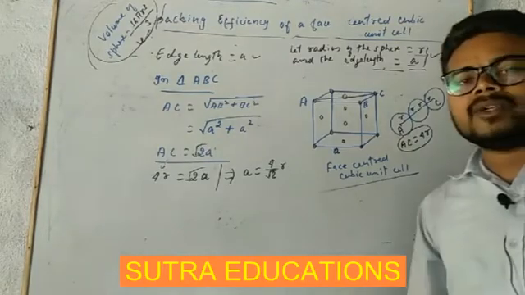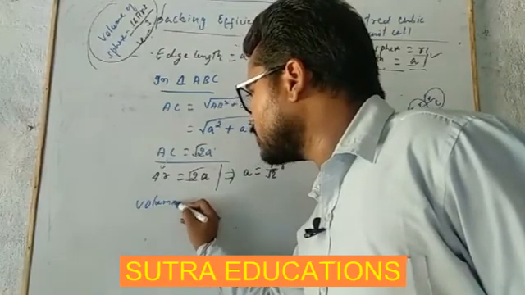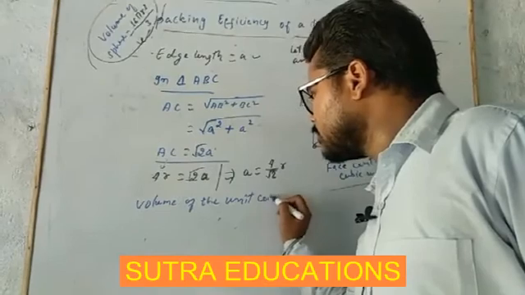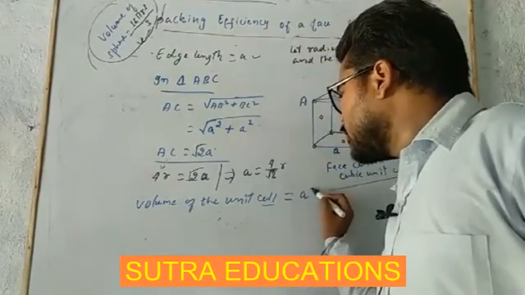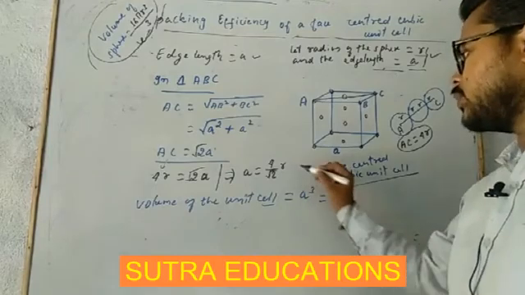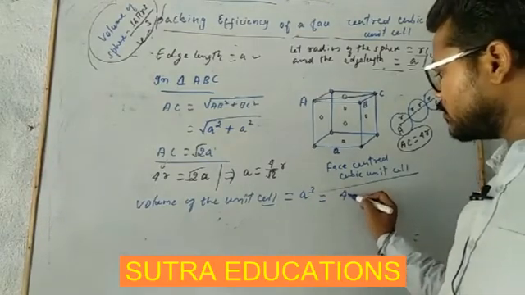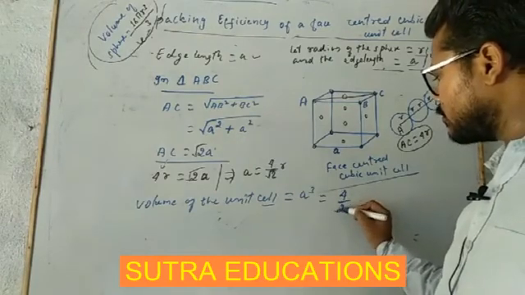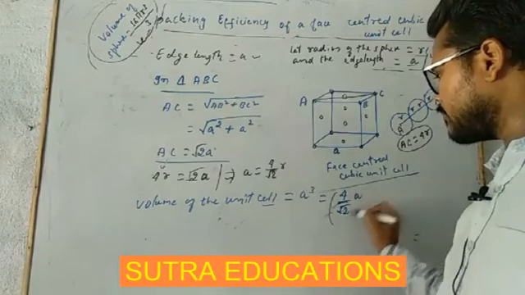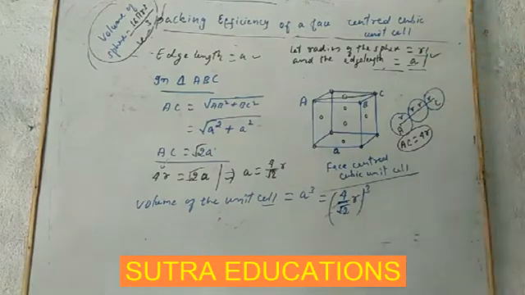Now what will be the volume of the cube or unit cell? So write here volume of the unit cell. It will be equal to a cube. a is 4 by root 2 R, whole cube.